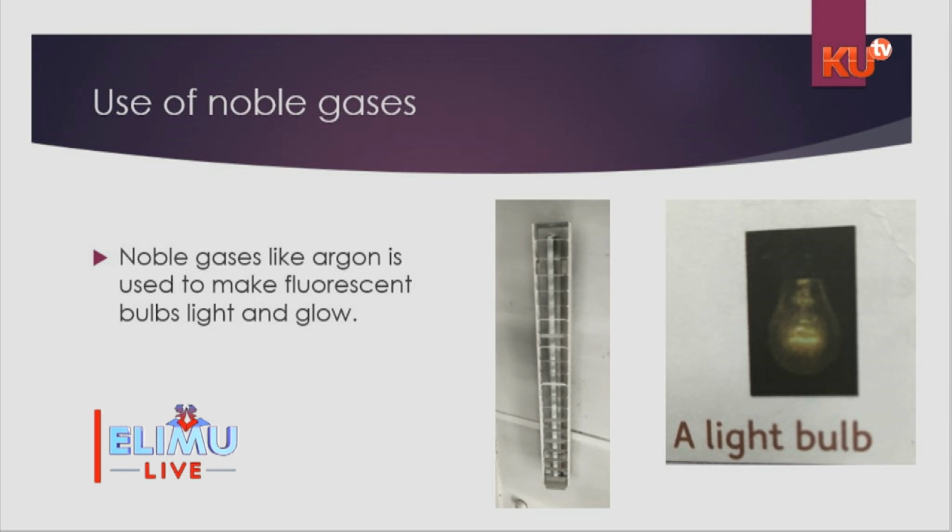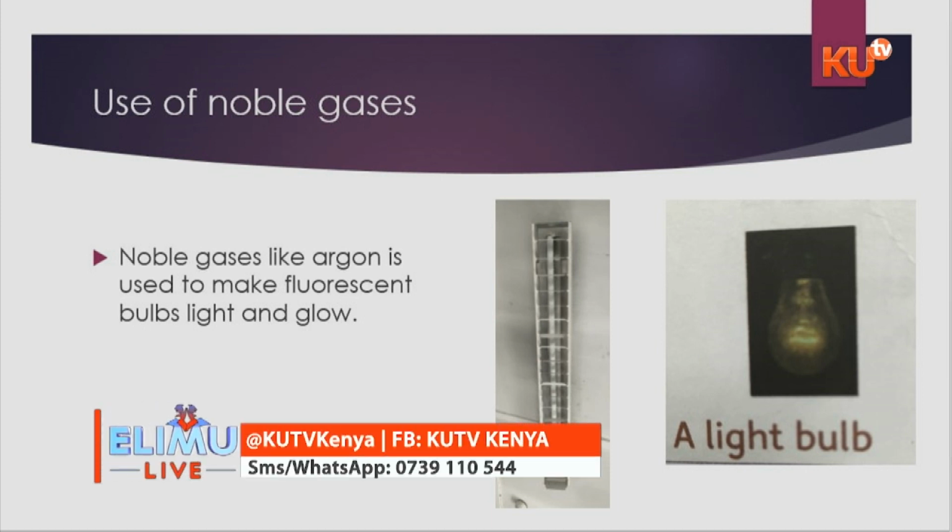These noble gases are the gases that burn inside a bulb. Remember I've said nitrogen gas is also found inside a bulb, and the work of nitrogen gas is to prevent the filament from burning. But argon gas, an example of a noble or rare or inert gas, is the one that now burns inside the bulb.